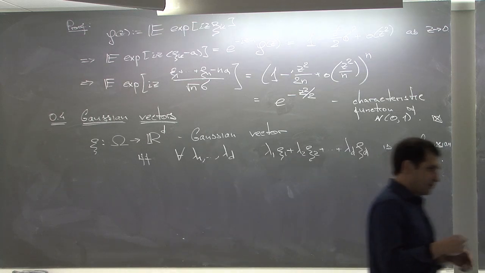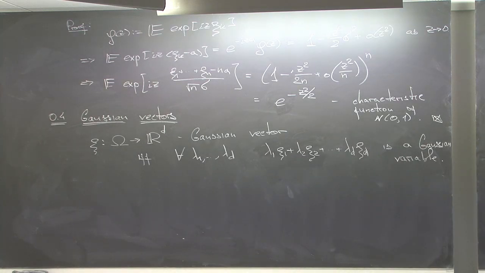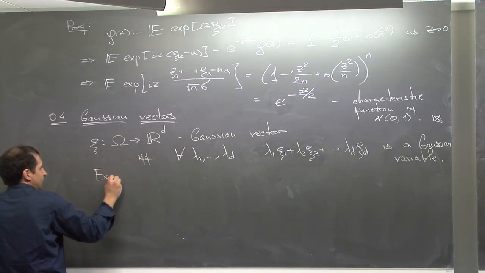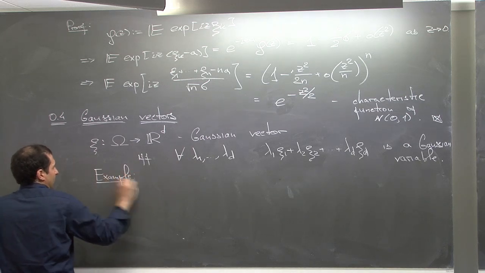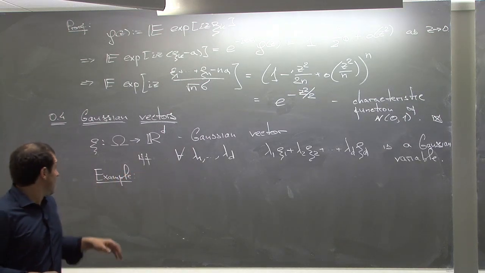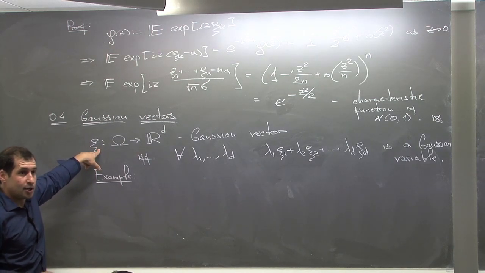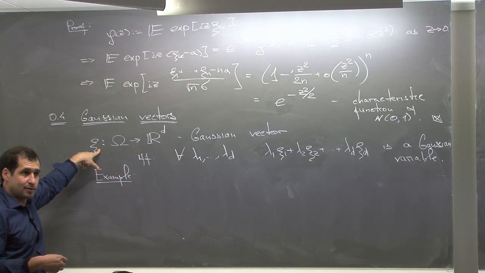There is an important point here. So what is the point? An example is fairly easy to construct. Just take all the components of xi to be Gaussian and independent.